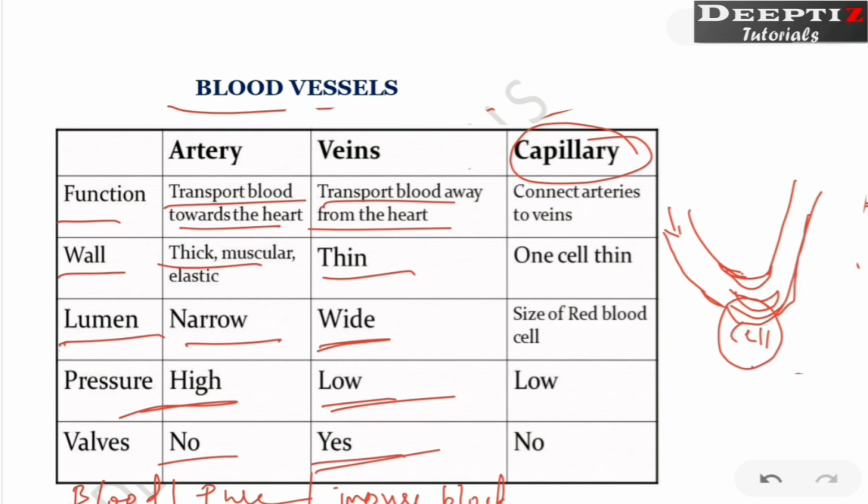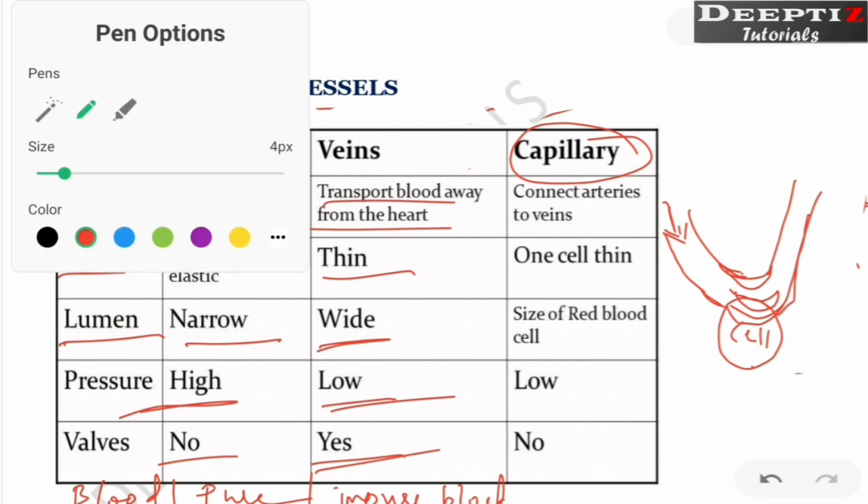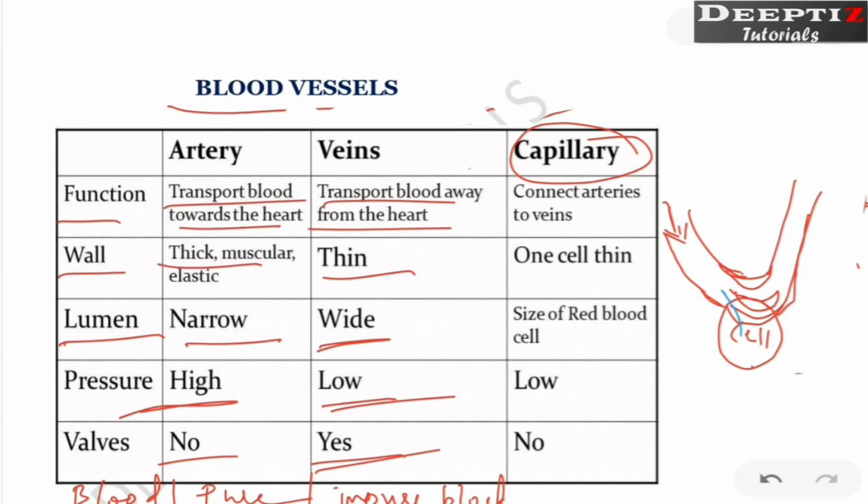There is a cell, and towards the cell, one blood vessel which carries the blood, right? That blood is given to the cell. Why is this blood pure? Because the blood is carrying oxygen. Now this oxygen is given to the cell. From the cell, what will it take back? That is what we call carbon dioxide. And this set of blood vessels, this much area which is connected to the cell, we call capillaries. Now what are capillaries?